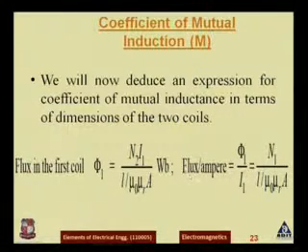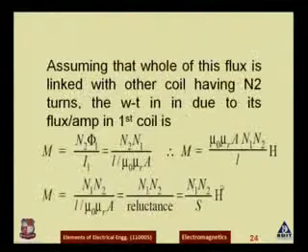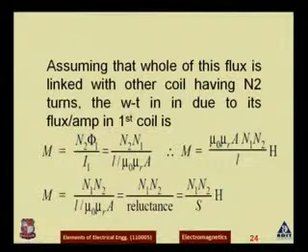Okay, so we can write flux per ampere is equal to phi 1 divided by I1. So what is my phi 1? Phi 1 is equal to N2 I1 divided by L divided by mu naught mu r into A. So I have just put this value in this equation. Now, assuming that the whole of the flux is linked with the other coil, if we are having two coils, this whole flux will link with the other coil having N2 turns.